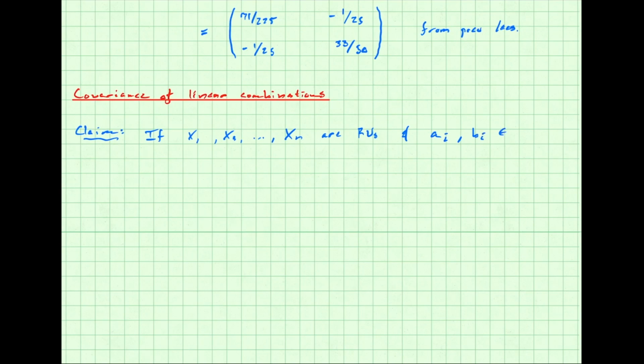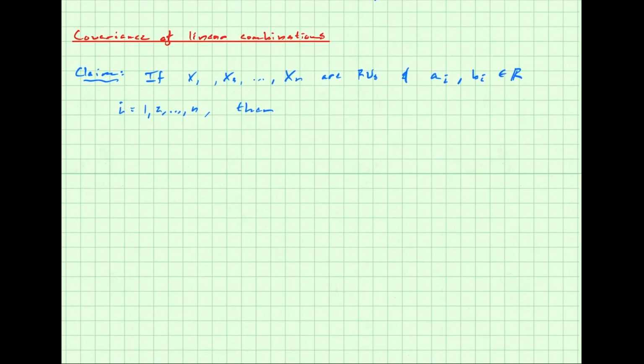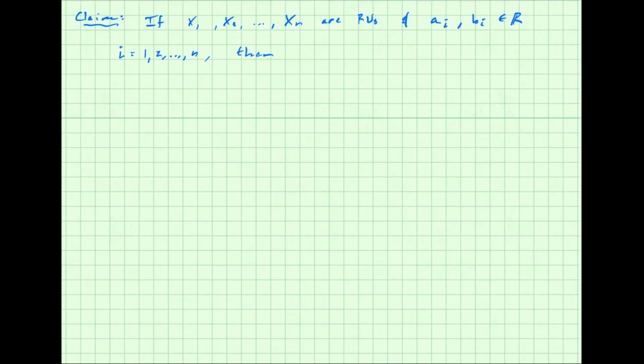These are real numbers, where i is equal to 1 up to n. So you have two n constants. Some of them are a's and some of them are b's. Then the following is true. It's kind of a long statement, so maybe I'll skip the line break here.